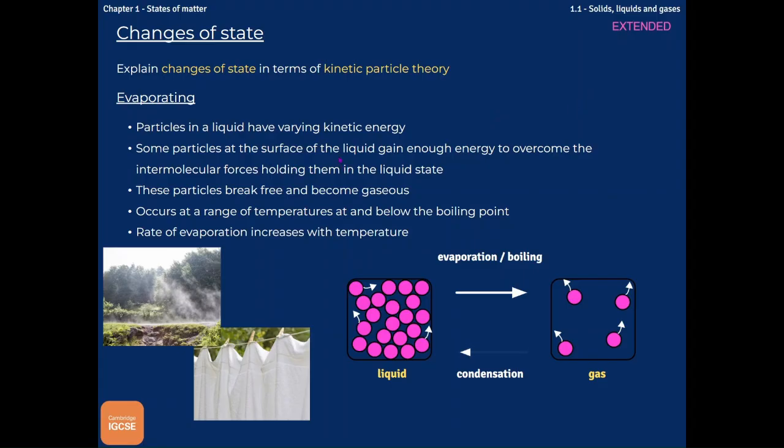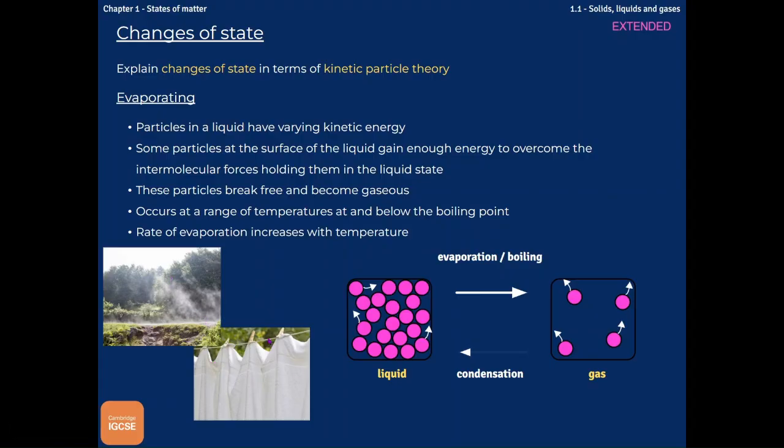So some particles at the surface of a liquid can gain enough energy to overcome the intermolecular forces holding them, and they can escape. So at the very top of, say, a pond, some of those particles will get enough energy. Maybe the sun is shining on them, heating them up, and they will escape, and you can get this nice mist.